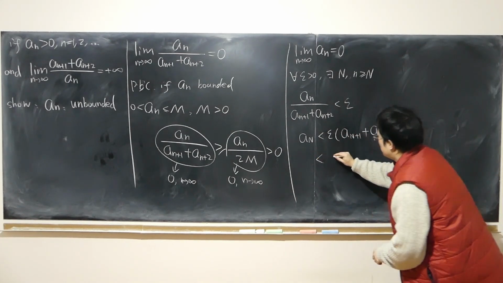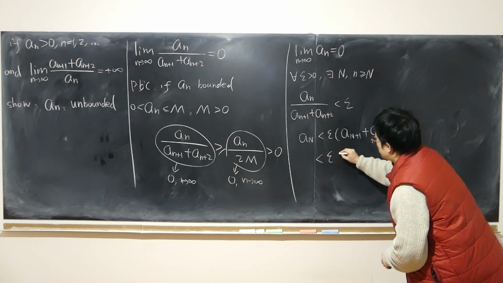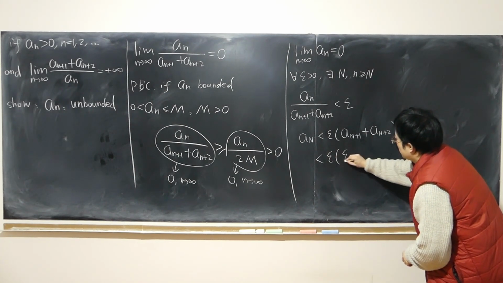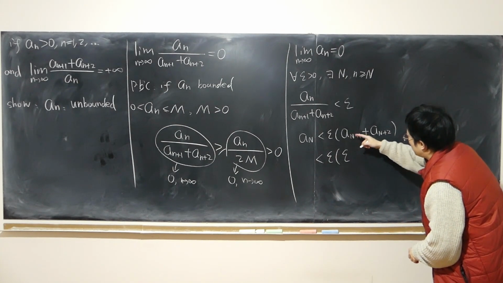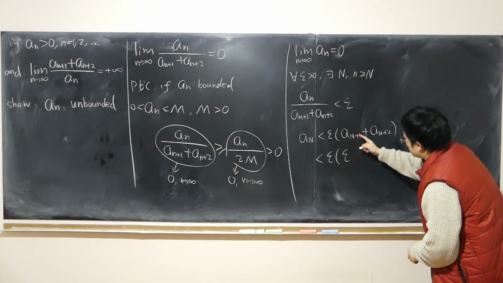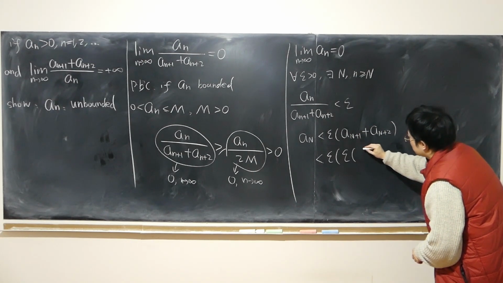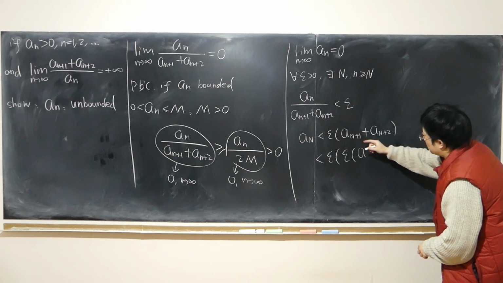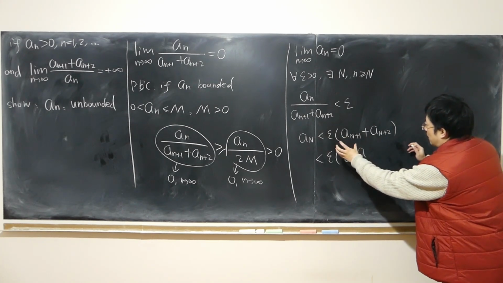So that is less than epsilon times, this term can be loosened by replacing it with epsilon times the next two terms. That's the pattern.